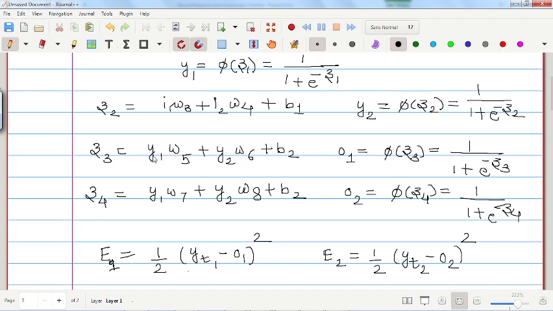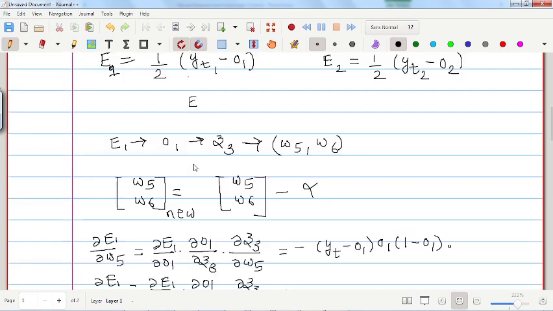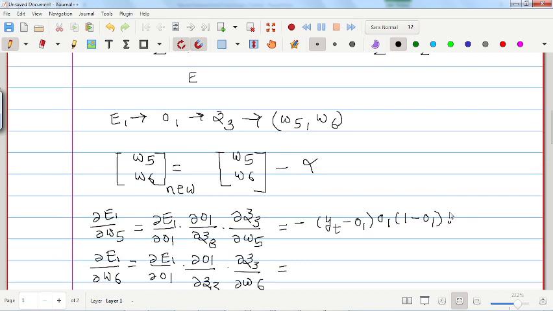What is the constant multiplied? Y1. So Y1 will be there in the multiplication. And in the same way here it is minus (YT minus O1) into O1 into 1 minus O1, and only in the last derivative it will be Y2. So let me write it down here.